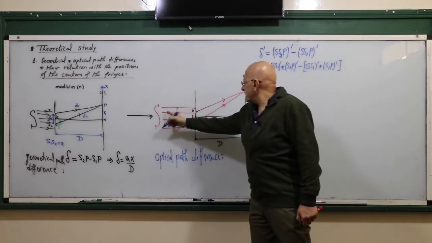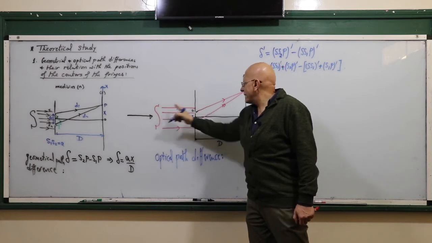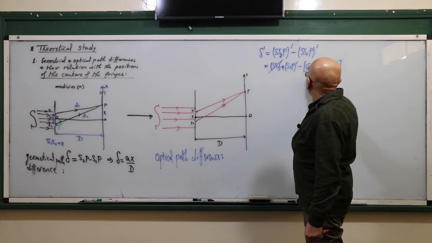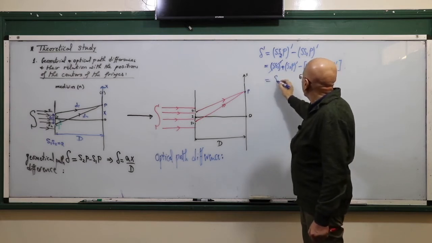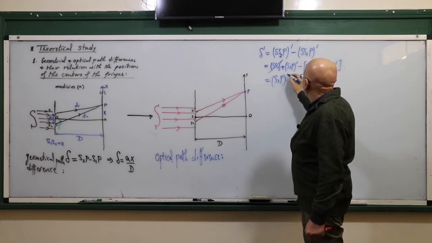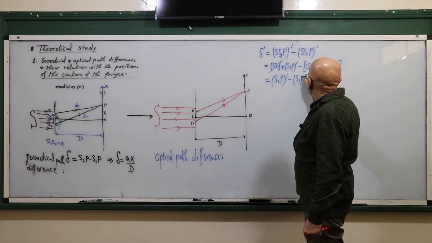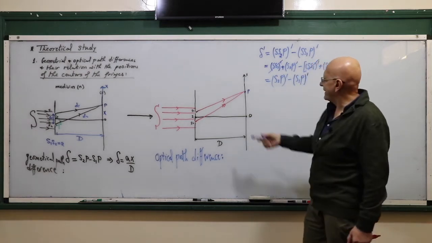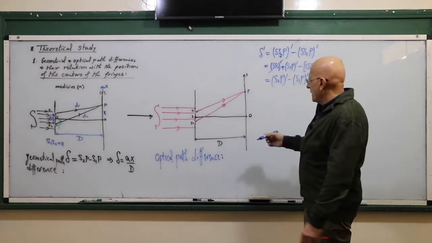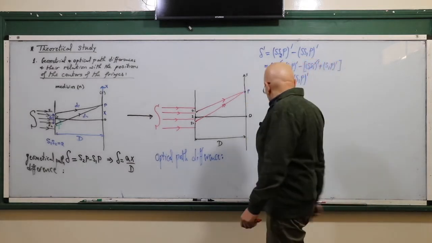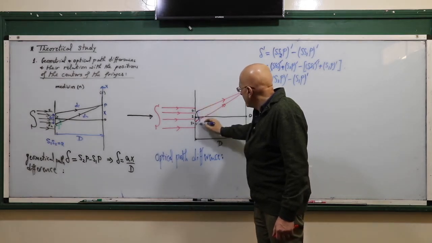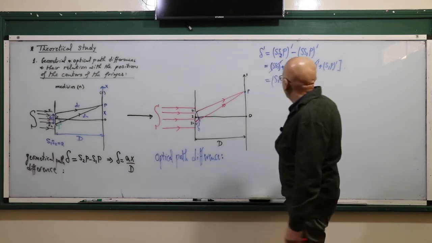Now these distances SS2 prime and SS1 prime are the same, so these cancel, and so you get S2P prime minus S1P prime, okay? What is this distance here on this figure? I also here take S1 and drop a perpendicular. This will be delta prime, okay?